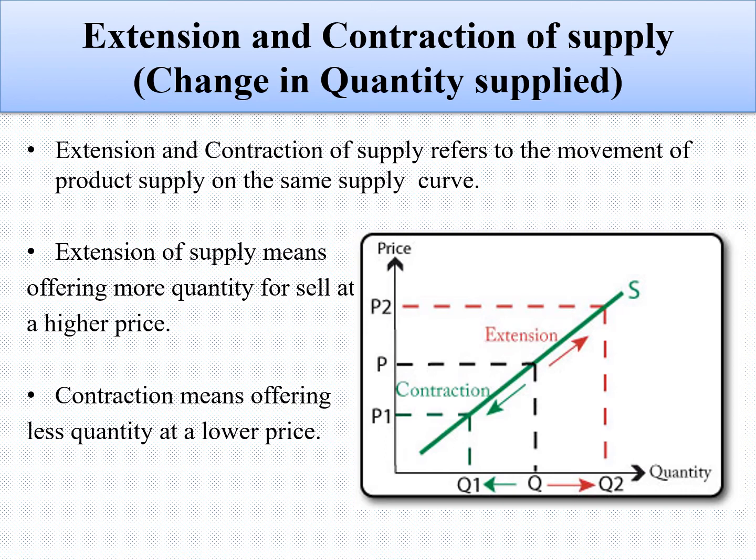And again, if the price falls from P to P1, the quantity supplied decreases from Q to Q1. If the quantity supplied increases with increase in price, that is called extension of supply, and if the quantity supplied decreases with fall in price, it is called contraction of supply.